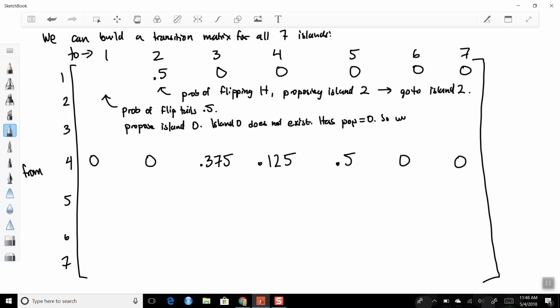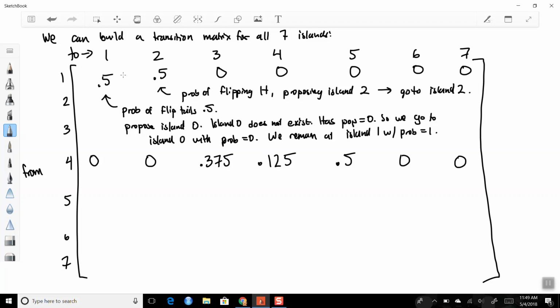So we go to island 0 with probability equal to 0, which means we remain at island 1 with probability equal to 1, times the 0.5. So our total probability of staying at island 1 would be 0.5. Is that okay?